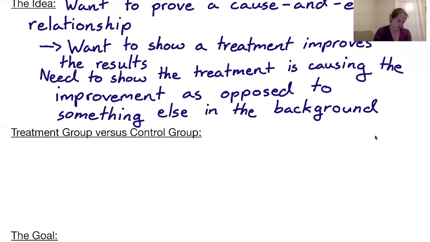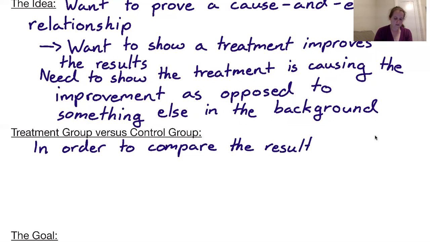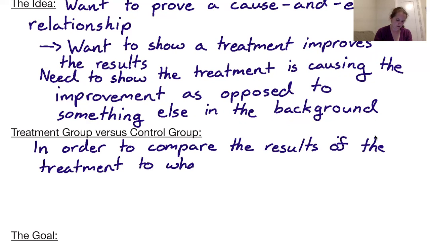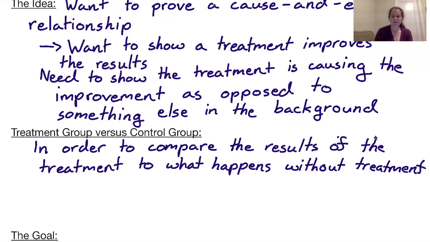So in order to compare the results of the treatment to what happens without the treatment, we need two groups in our sample. So we need to split our sample into groups.